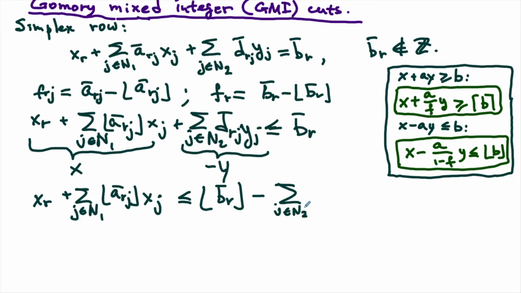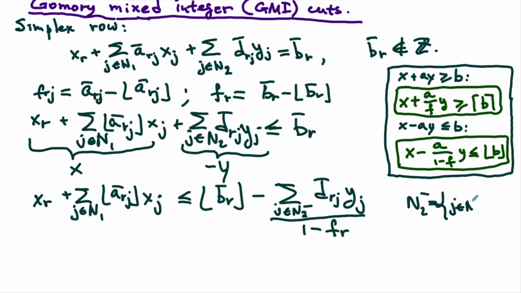Actually, let's denote by n2 minus the set of j's such that drj bar is negative, and then we'll have drj bars yj's divided by 1 minus f, and in our case f is actually fr. So, and let me record this notation. So n2 minus would be the set of j's in n2 such that drj bar is less than 0.